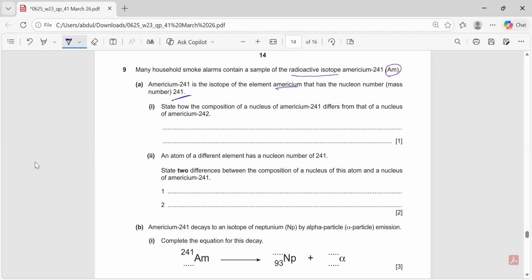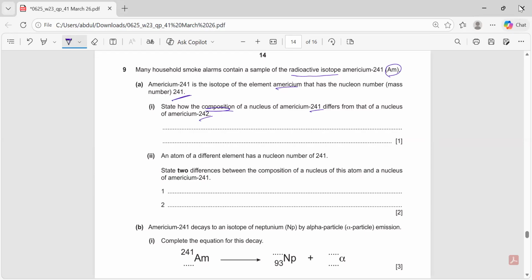Show how the composition of the nucleus of americium-241 differs from that of a nucleus of americium-242. The nucleus of americium-241 differs.